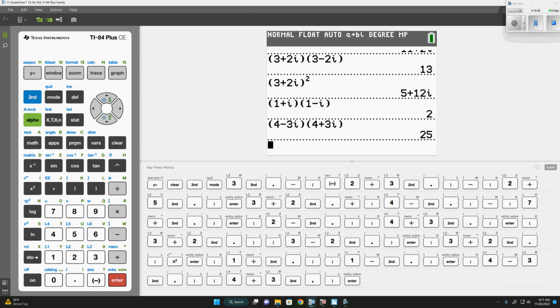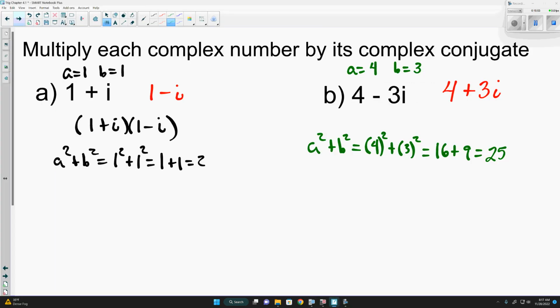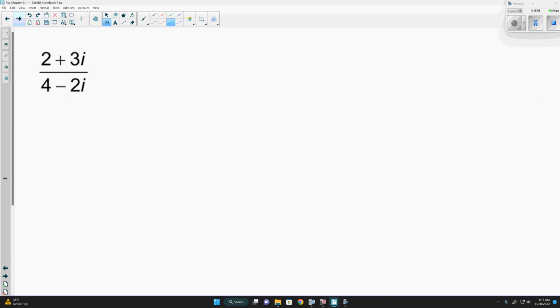Questions on this here? Now, the reason we go over this is really to simplify rational expressions. Because we can't technically divide by a complex number, and we're not really supposed to have a complex number in the bottom of a fraction.